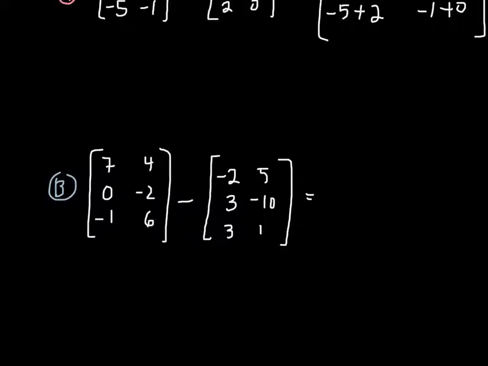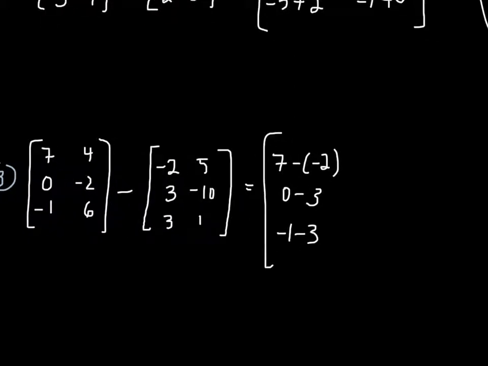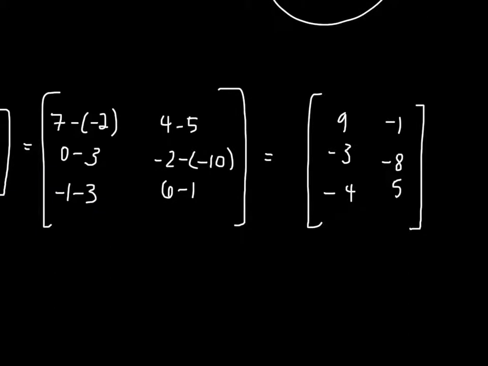So we'll start with 7 minus -2, 0 minus 3, -1 minus 3, and then we have 4 minus 5, -2 minus -10. Be careful when you're subtracting negatives, because you need to remember that we're just subtracting in general, but we also have a -10. And then finally we have 6 minus 1. And then we'll simplify this, and we get our final answer.